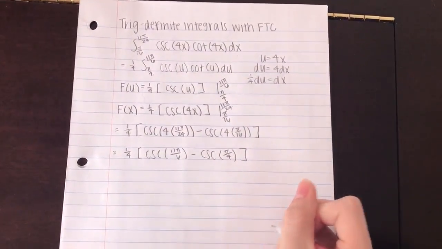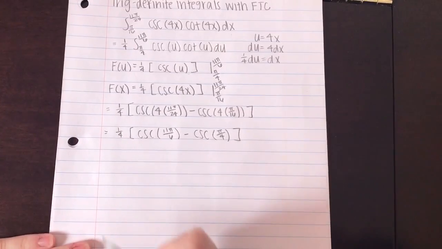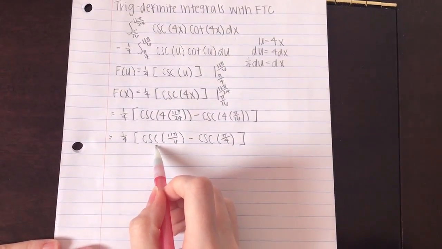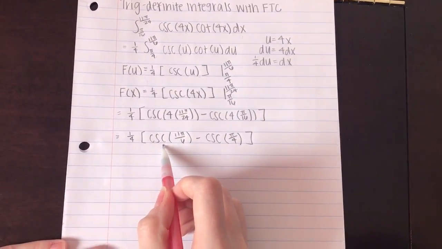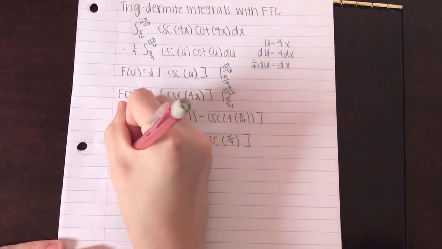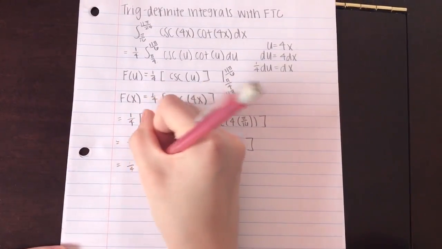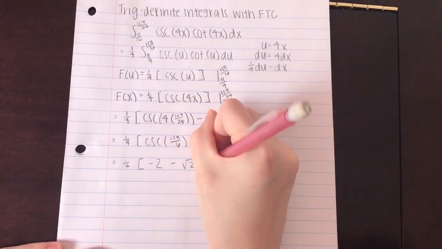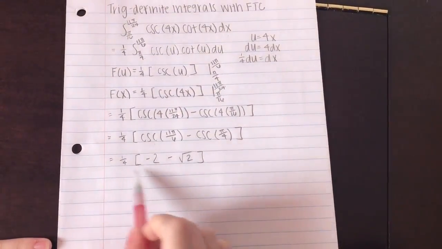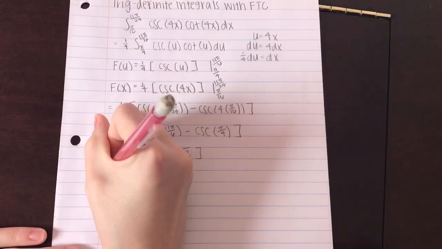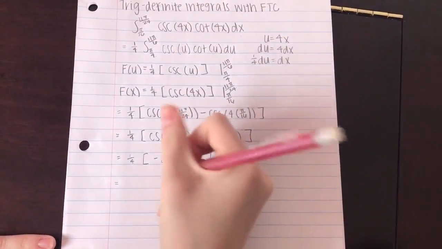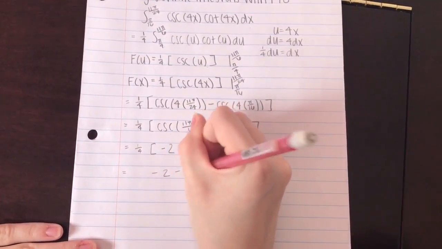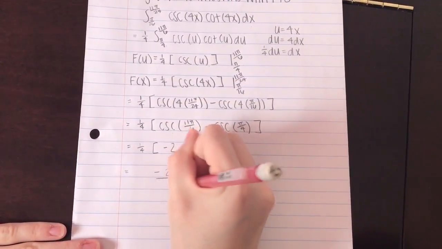So after we do this, we're still going to have our 1/4 out in front, but we're going to use our unit circle and our special right triangles, which is going to give us 1/4 times negative 2 minus radical 2. And once this is, we're almost done, we're going to put in our 1/4 into the problem, which is going to be negative 2 minus radical 2 over 4.